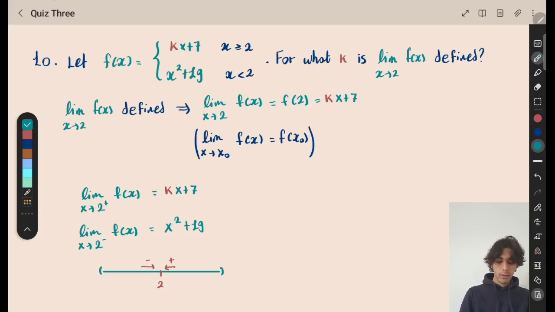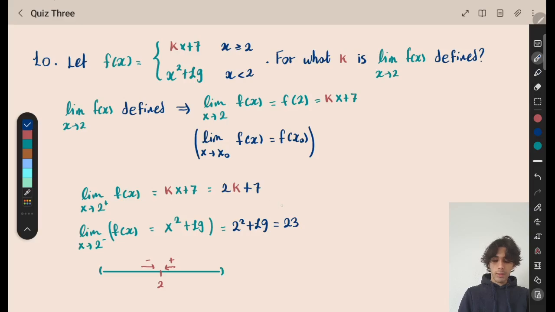In this case, it's this, because the domain is different, and then we can plug in now. So if we plug in here, you get 2k plus 7, and below you get 2 squared plus 19, which is 23.